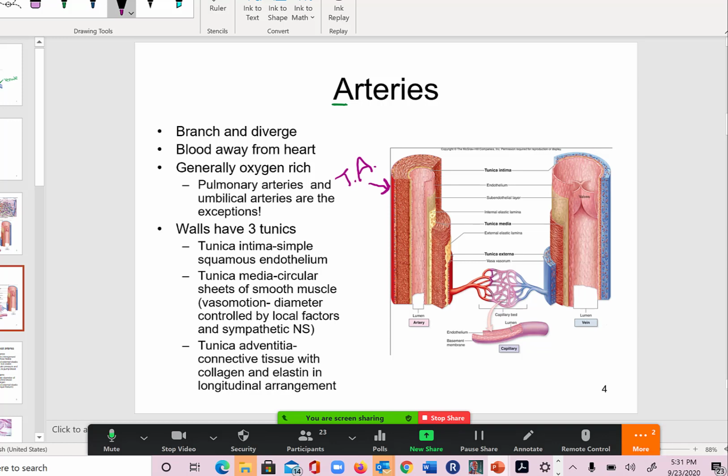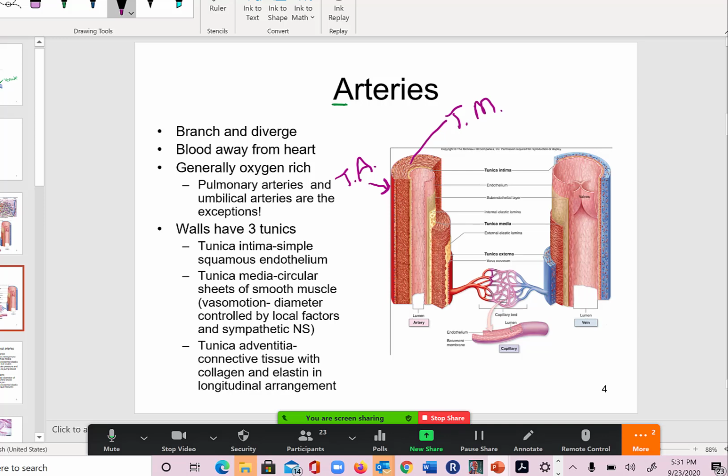The middle layer shown here is called the tunica media. And that is comprised of smooth muscle, spindle-shaped fibers. We went over this in our histology on Monday. So the tunica media, be mindful, some blood vessels don't have a tunica media, like the capillaries.